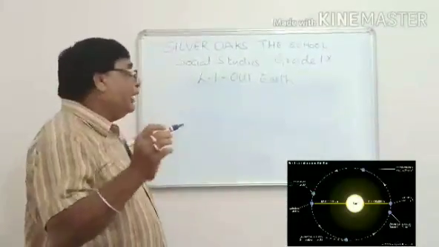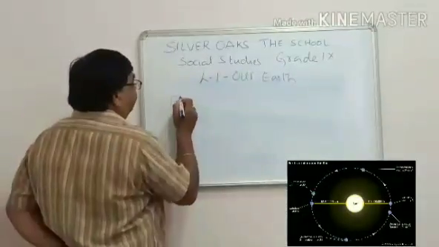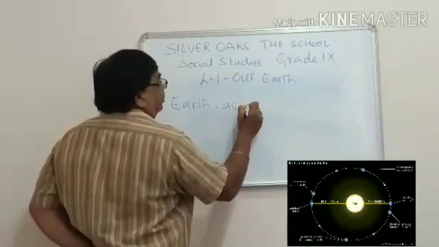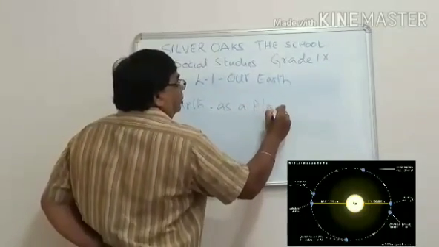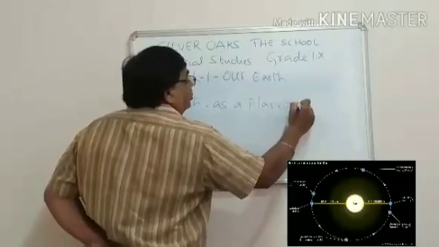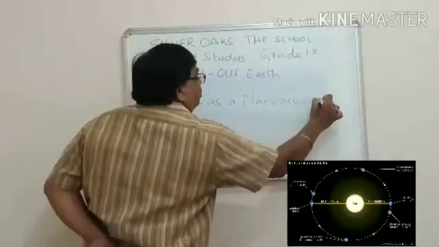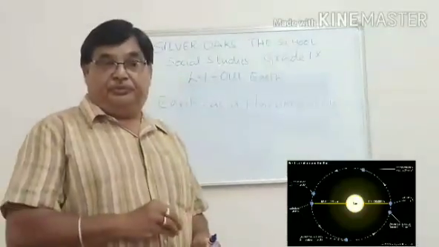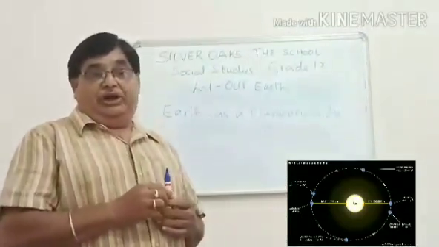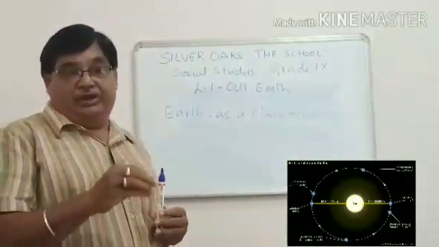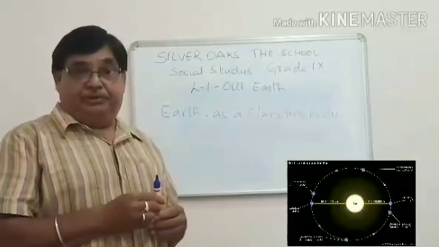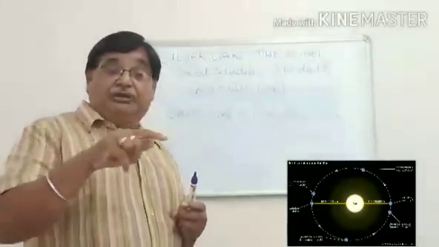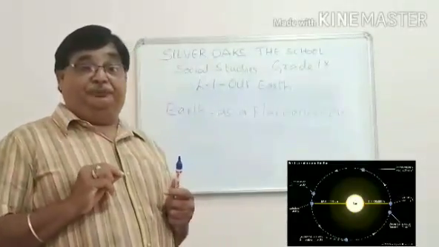Earth as a planetary body. As we already discussed, Earth is revolving around the Sun along with the other planets. Earth is revolving in a fixed path.